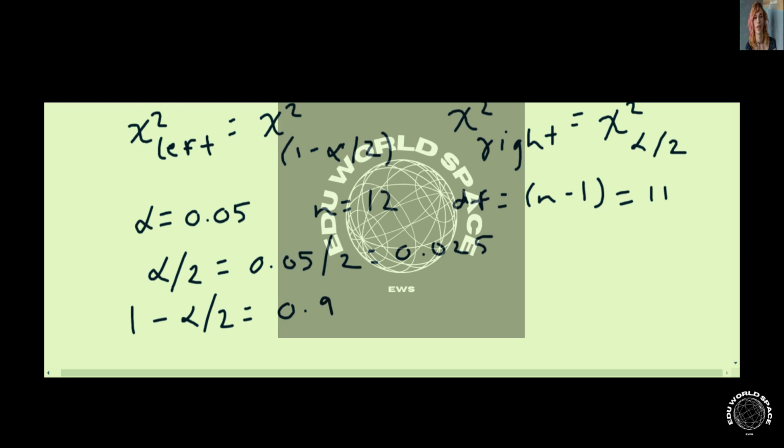Now we find the alpha by 2 value. So we have alpha as 0.05, so alpha by 2 would be 0.05 divided by 2, which would be 0.025. 1 minus alpha by 2 would become 0.975.